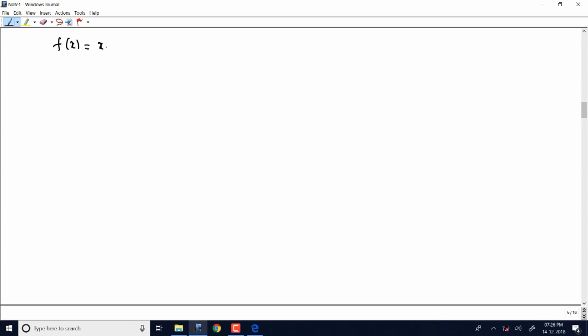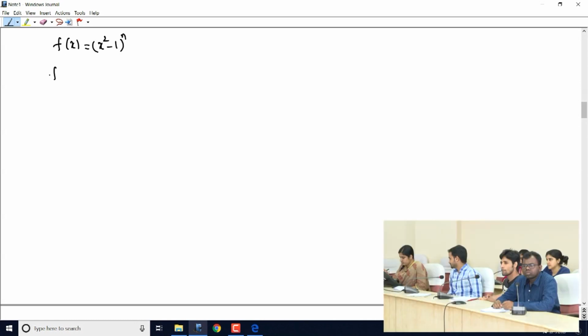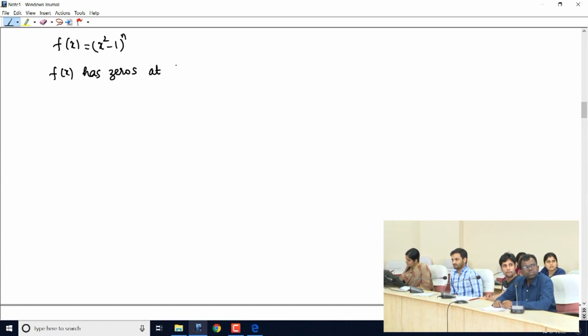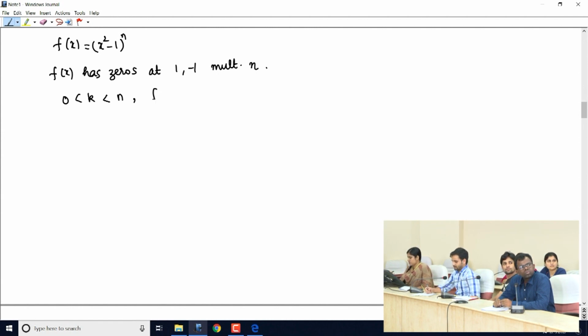So one thing is clear and obvious to me, that if we take f(x) equals (x square minus 1) to the power n, then f(x) has zeros at 1 and minus 1 with multiplicity n. Hence, for 0 less than k less than n, the kth derivative of f will have a zero at 1 and minus 1.